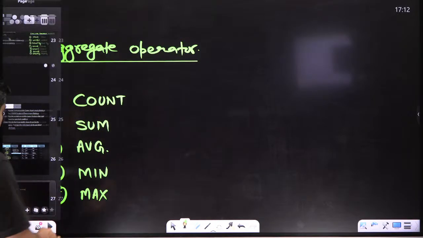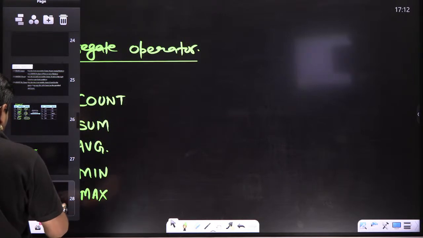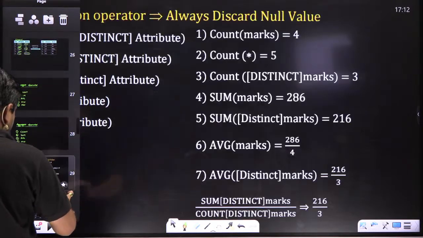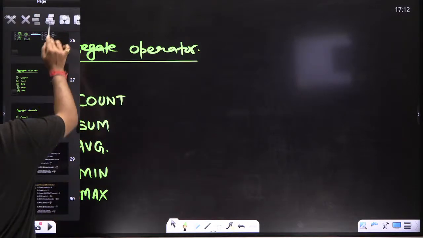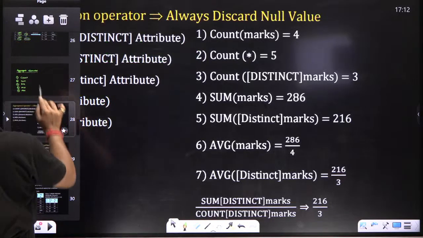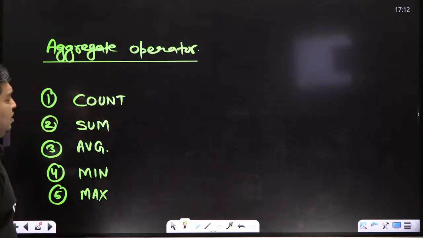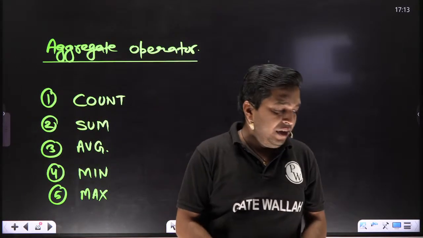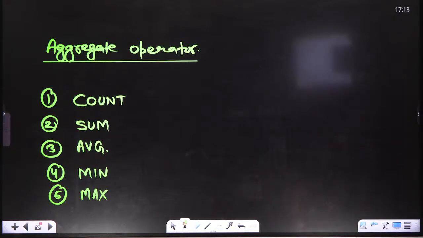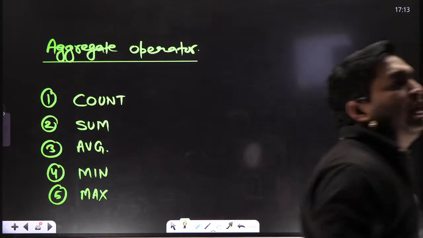Aggregate means what? Aggregation means what, sir? That which we can directly calculate, my dear. Like you want to know how many tuples there are. This type of feature is not available in relational algebra.